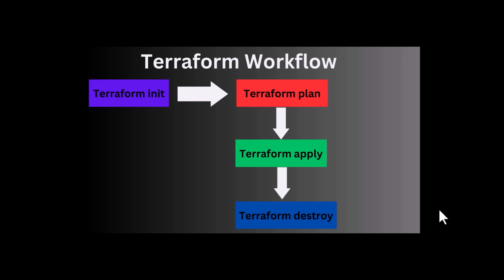After that, we have terraform apply. With terraform apply, we can create the resources through any provider, and at last we have terraform destroy, which we can use to destroy the infrastructure that we created.